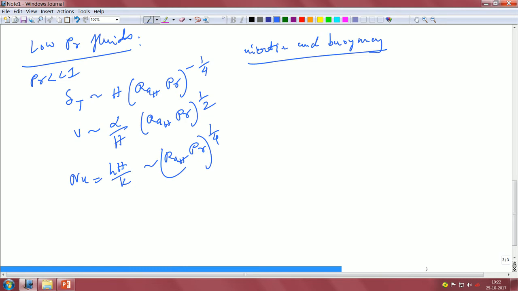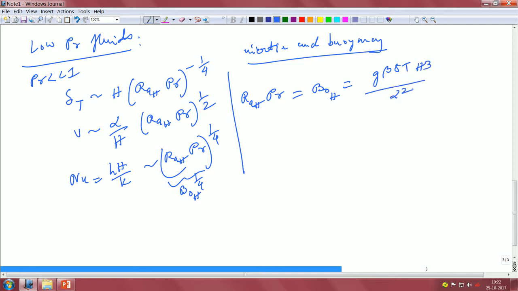In some cases, this Rayleigh number into Prandtl number combination is given by a new number which is called Boussinesq's number, Bo_H. So, you can write this term as Boussinesq's number to the power of 1/4 as well. All the places where there is Rayleigh number into Prandtl number combination, you can write it in terms of the Boussinesq's number. The Boussinesq's number is basically given by g beta delta T H cube divided by alpha square.